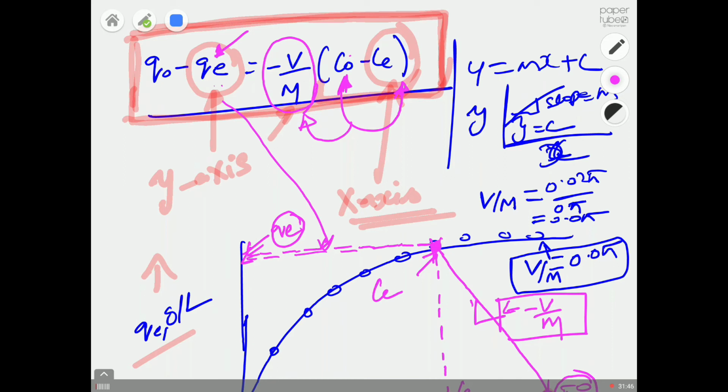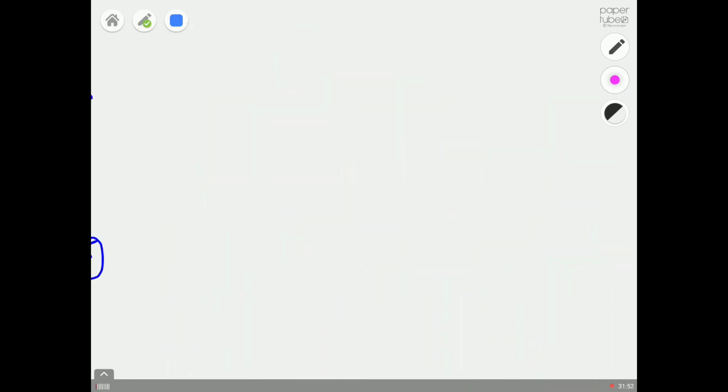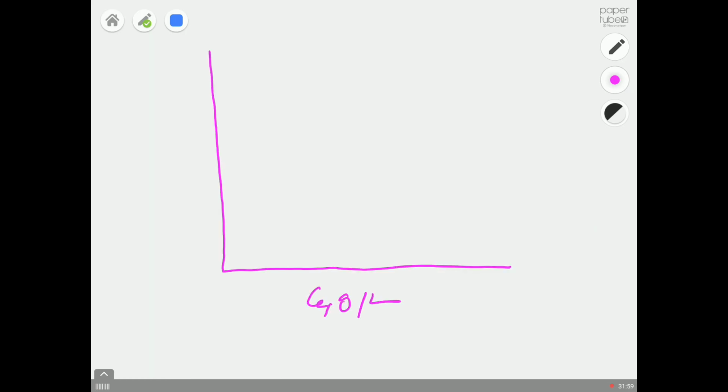Let me do it again one more time because it's going to be very tricky. This is not an easy topic. Probably that's why you are not seeing this in many textbooks. C is expressed in grams per liter, Q is expressed in grams per gram.